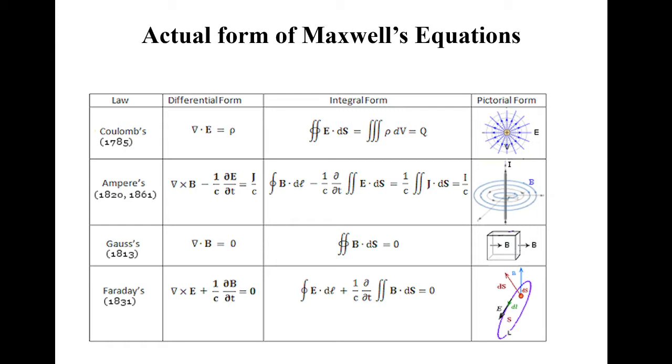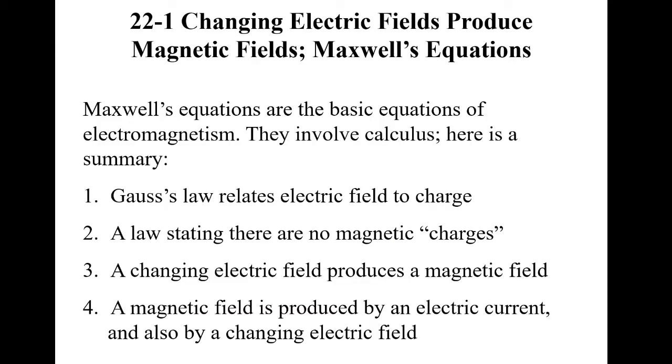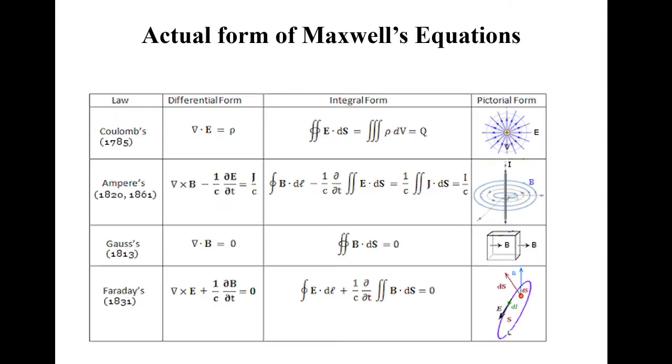The second one has to do with the properties of the magnetic field, and a consequence is there's no magnetic monopoles. Third, a changing magnetic field produces an electric field. And for the converse of that, moving electric charges or a changing electric field will produce a magnetic field.